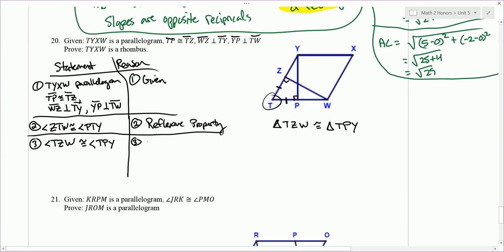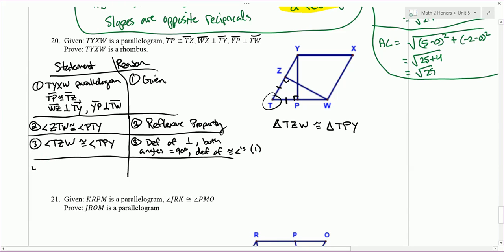So using the definition of perpendicular, we get that both angles equal 90 degrees, and we're using the definition of congruent angles to say that they're congruent. And so we're referring to part 1.